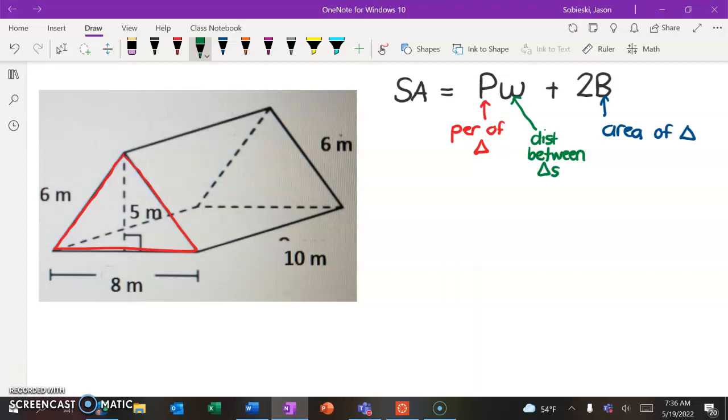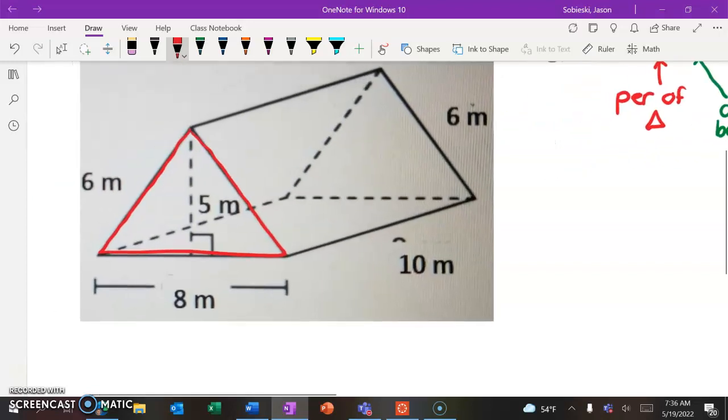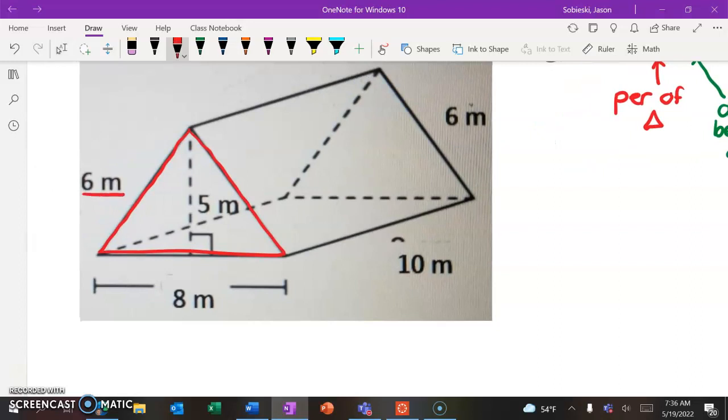Let's start with the perimeter and area of the red triangle in the front, since I think that one will be good to get out of the way. So they tell you that this side of the triangle on the left is 6 meters. On the bottom, the base of the triangle is 8 meters. And they tell you in the back of the prism that this side is 6 meters. So that tells you that this side in the front also must be 6 meters.